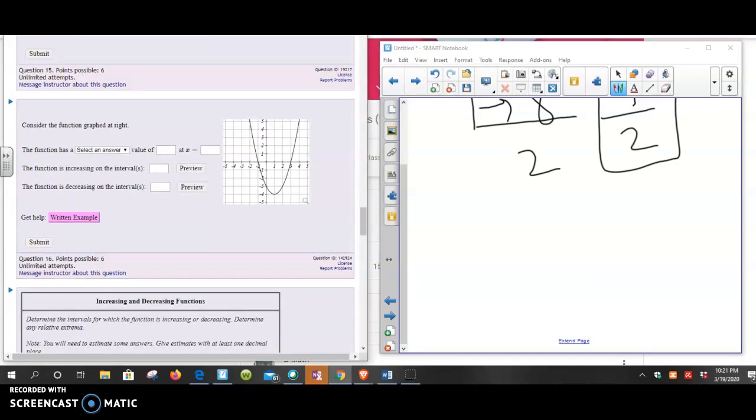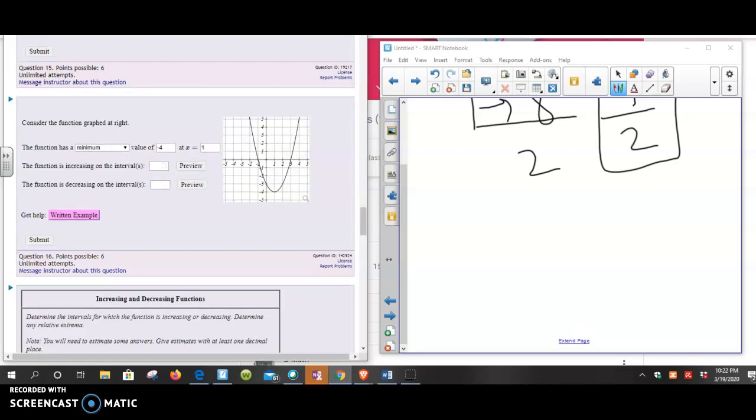So the function has a, let's see here, what are our choices? Minimum or maximum, so we're going to say that's a minimum there. And minimum value, so if the value is the actual y value, that's -4 there. And the x value, where it occurs, is at 1, x equals 1. The function is increasing on the interval, so it is increasing from 1 to positive infinity.